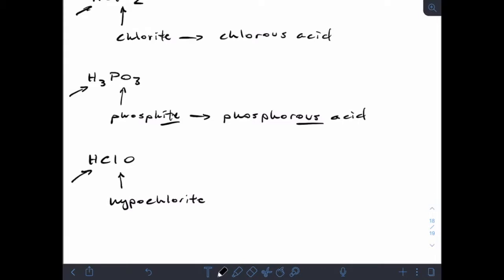So just because the hypo is there doesn't change the strategy. This becomes hypochlorous acid. So if I had perchlorate and I made an acid out of it, it would become perchloric.